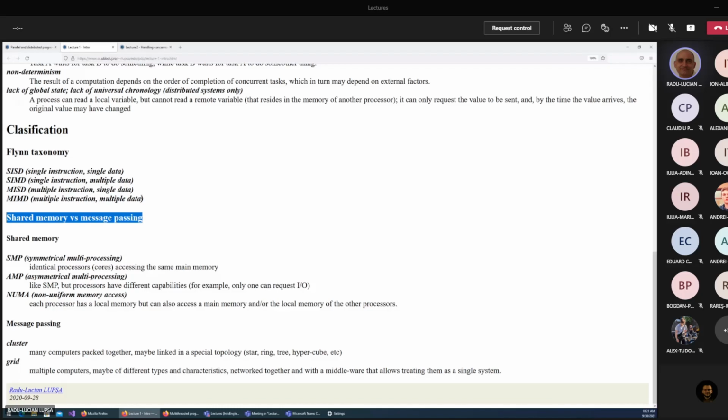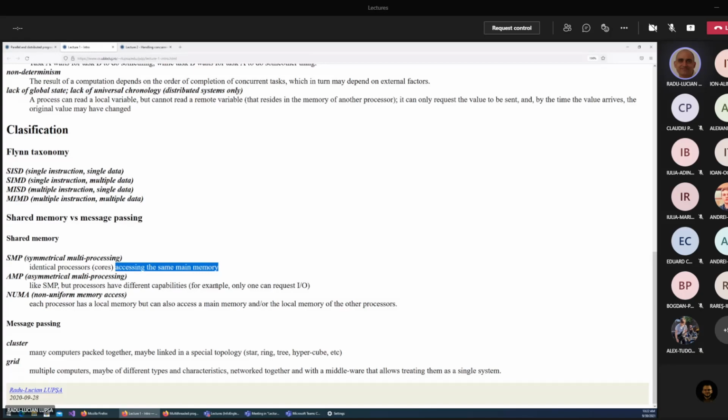We have several identical cores or processors, and we have a main memory that is shared between them. So all of them can access the main memory on the same footing. We will see shortly that this model is an oversimplification, but it's a good starting point. You can have asymmetrical multiprocessing, which is like this one, but some processors have different capabilities. So some are more special than others.